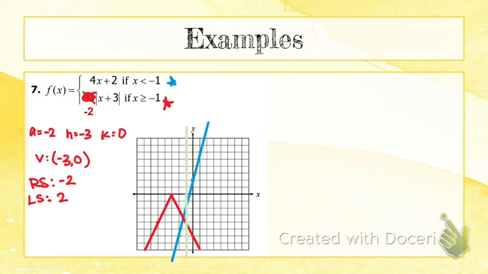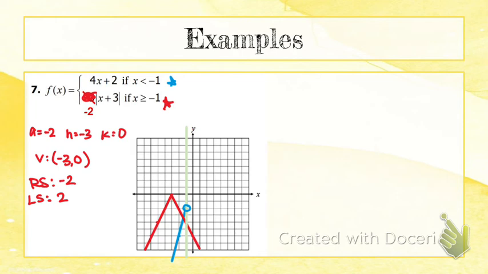So we don't need any of the blue graph that is on the right side of our line. So we're going to erase all of this. And then we are going to draw an open circle, because it's not allowed to equal -1. So we're going to draw an open circle at the point where it crosses our line.